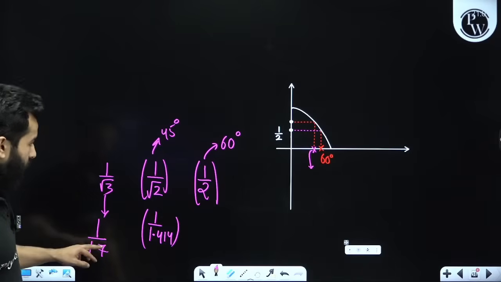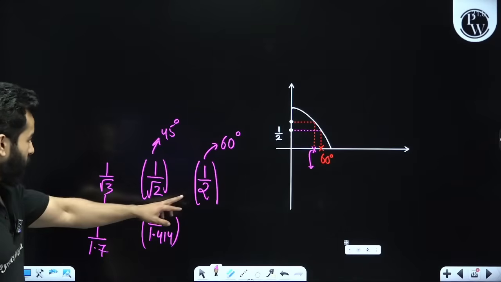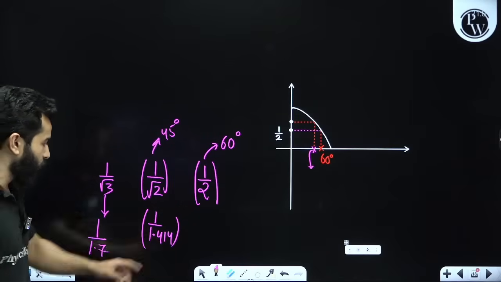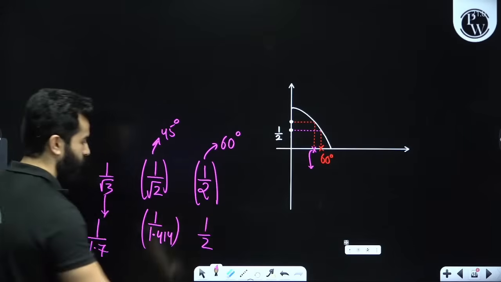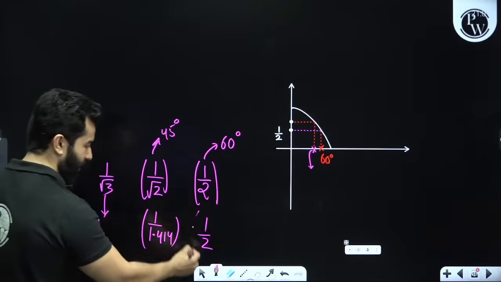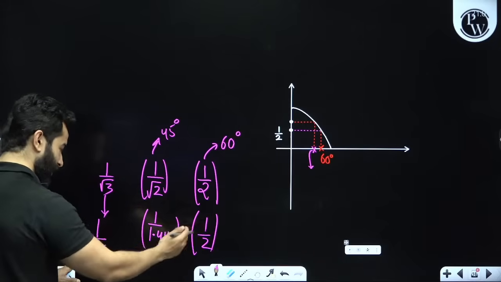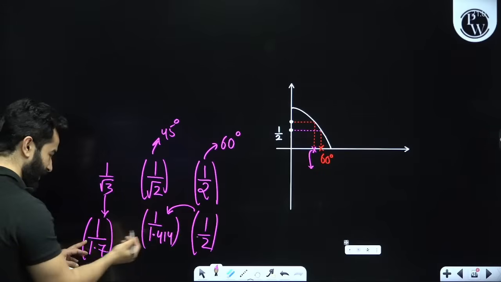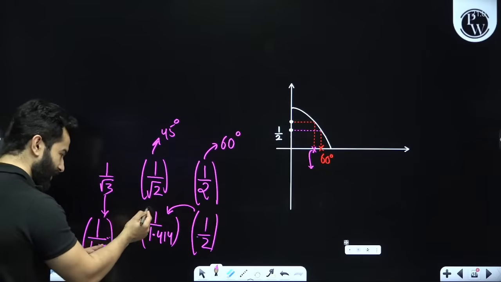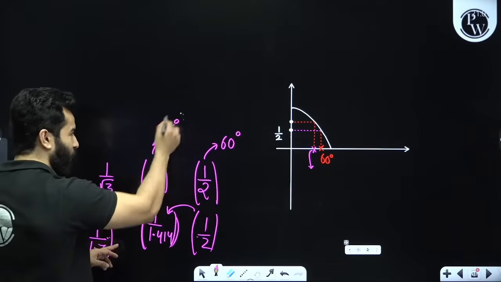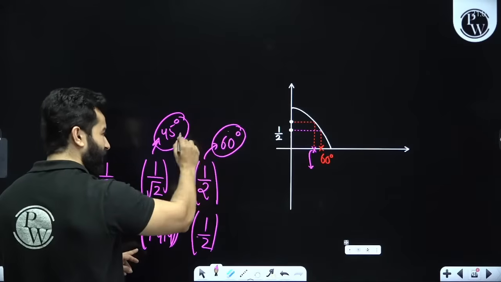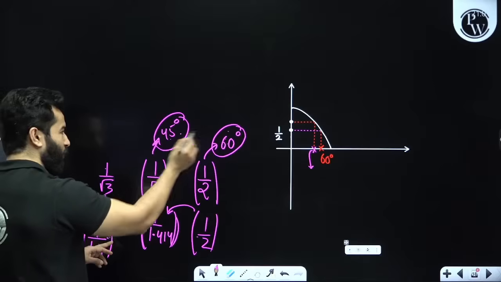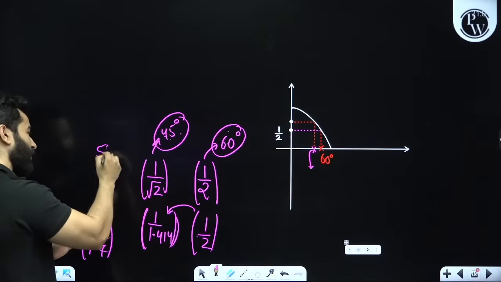So 1 divided by 2 is least, then 1 by root 2 is greater, and 1 by root 3 is greatest. So 45 degree and 60 degree are extreme, so this will be in between 45 degree and 60, that is 55 degree. Got it?